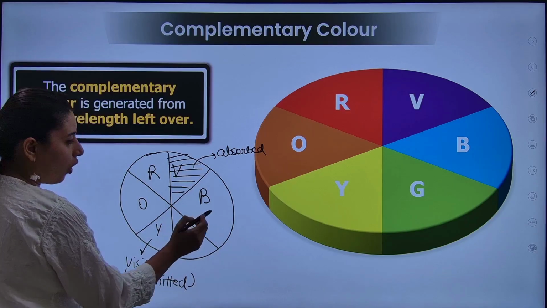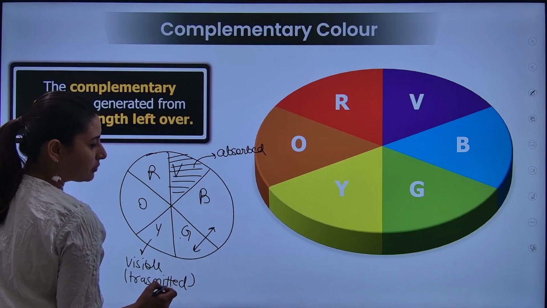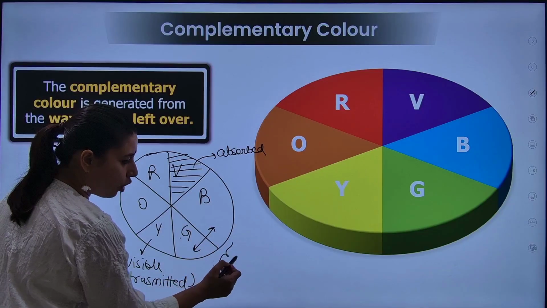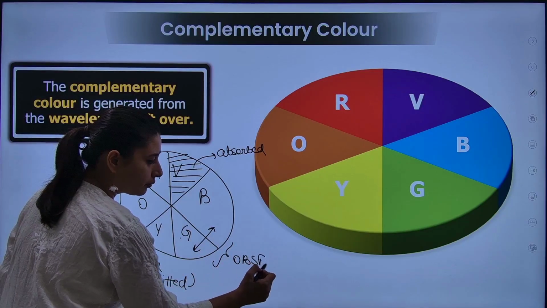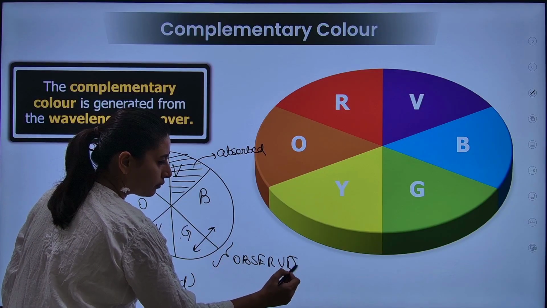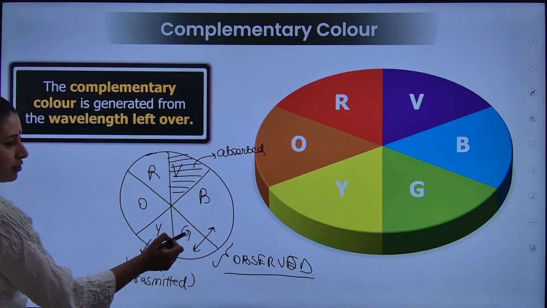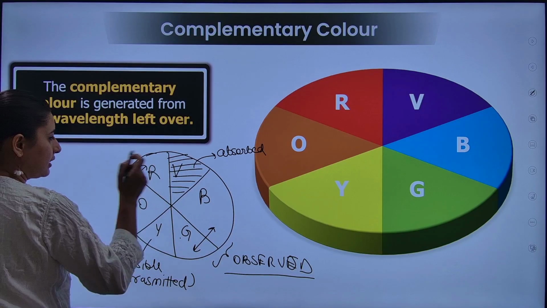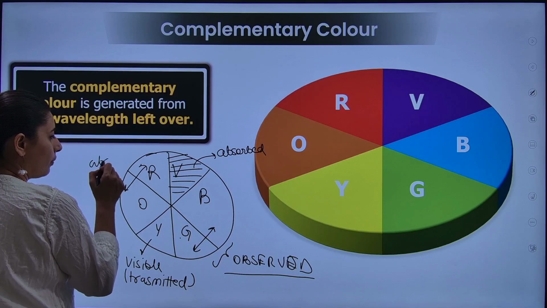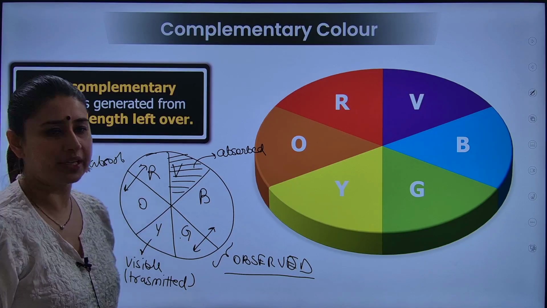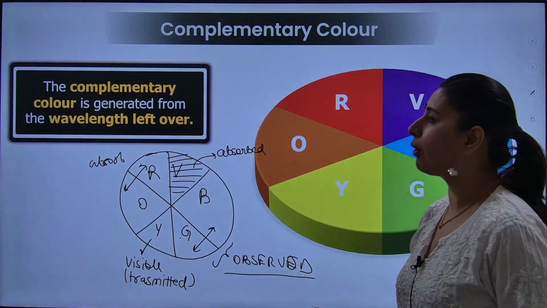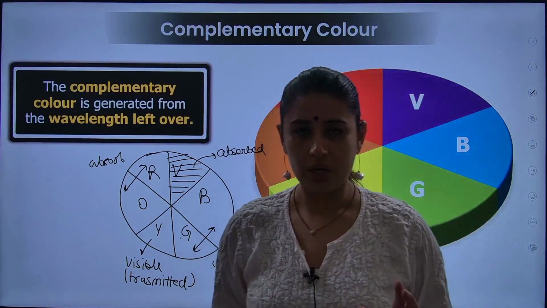Similarly, if green or blue-green is the observed color, then red-orange is the wavelength it is trying to absorb. Ulta, opposite. Okay, I hope the questions which are possible from the complementary color are clear.